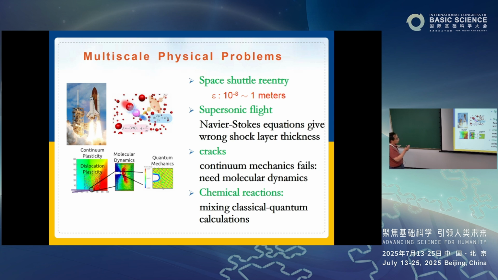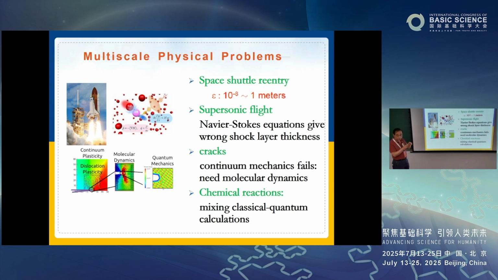In a lot of practical applications, you have to solve multi-scale problems. For example, if you simulate the space shuttle reentry problem, it goes from rarefied gas at a very high altitude to dense gas at the altitude where we live. At our altitude, the mean free path, which is the average distance between two collisions of molecules, is about 10 to the minus 8 meters.